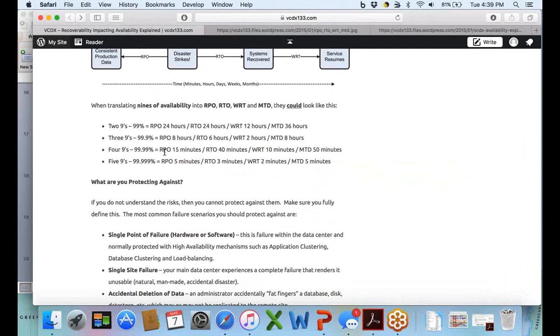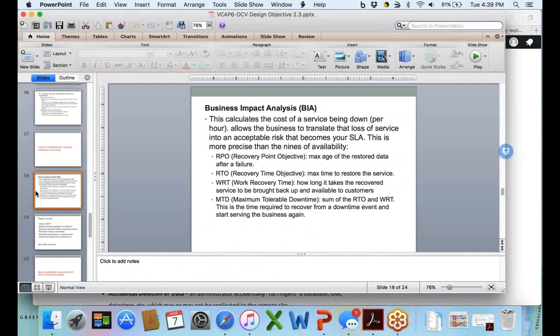Here you could even argue that your RPO should be 0, but it really goes back to the business itself. So this gives you an example of some RTOs, RPOs, and then the WRT, along with adding that WRT to your RTO and giving you your MTD. I just said a bunch of acronyms really quickly, so I know we all totally get it now, right?